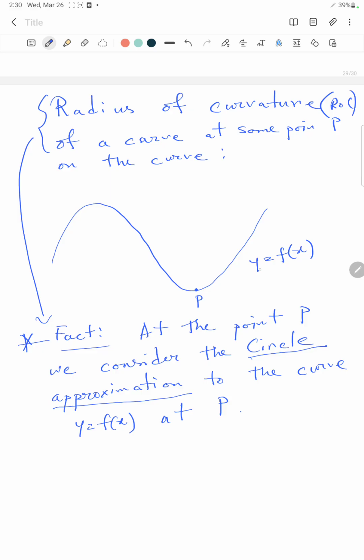So suppose in this picture this is a curve y equal to f(x) and there is a point P here.